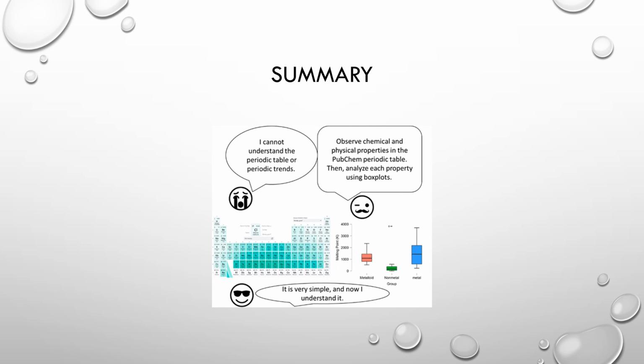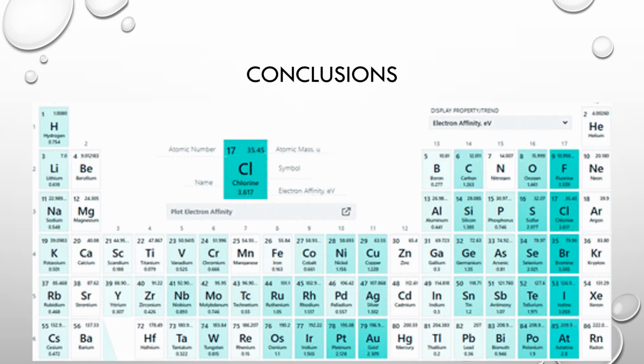The box plots were actually used to compare these so the students could make better sense of the chemical and physical properties of these elements. So I wanted you to get a little bit of a better look at the actual table they used itself.